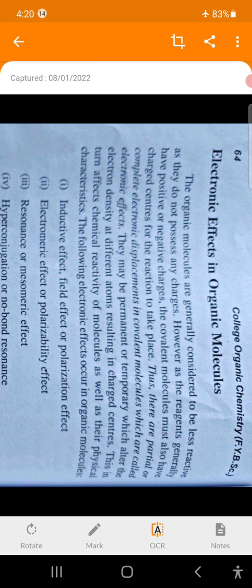And many molecules are formed by combining atoms together.